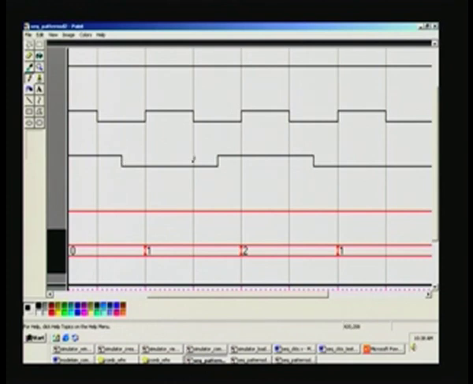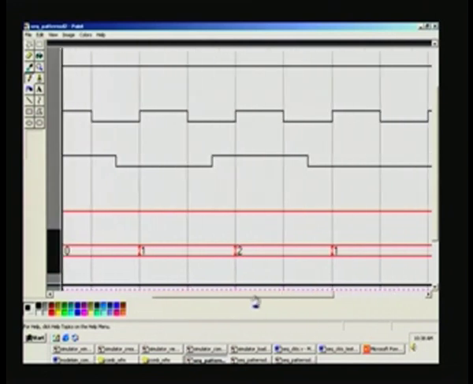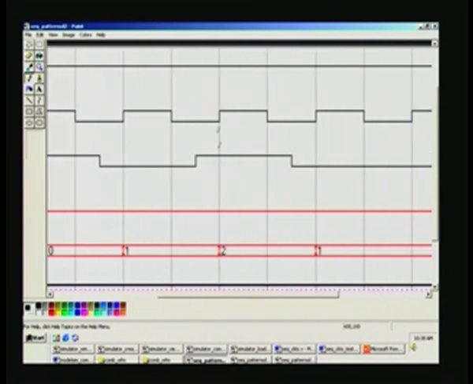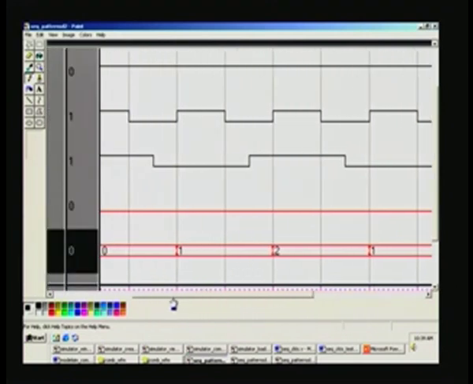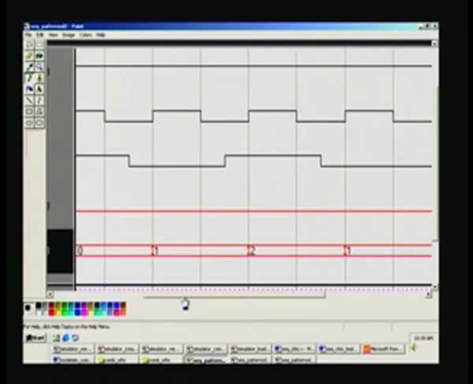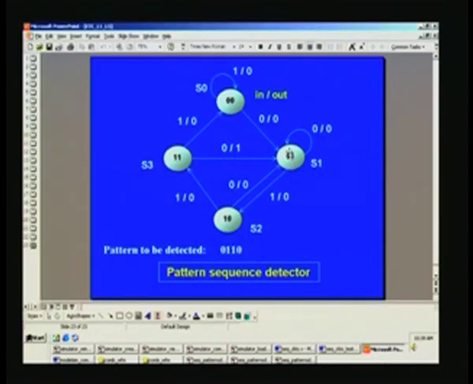It is 0 here. What is sensed here will be applicable only here. Let us analyze from this S1 when input is 1.